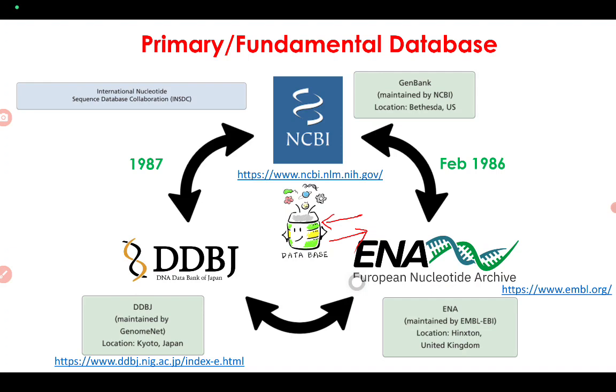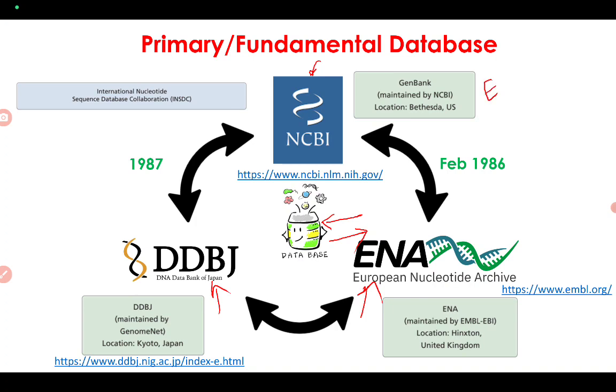Similarly, there are other browsers such as Chrome, Mozilla, and Safari. So if I consider NCBI or EMBL or ENA or DDBJ as a browser, there are specific search engines available with them.